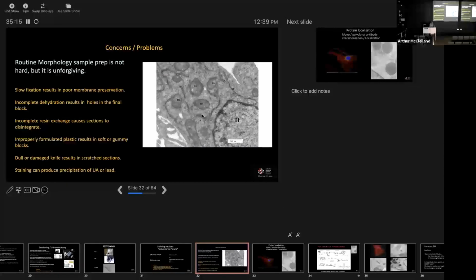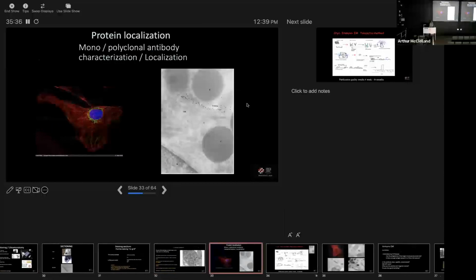The Golgi here, I don't know if you can see it from where you're sitting, but up close, you can see individual stacks very clearly of single membranes of the Golgi stack. So this is your goal. And when it works beautifully, it's a beautiful thing.